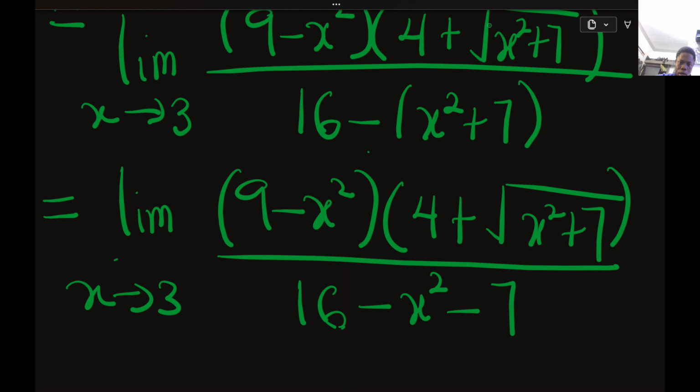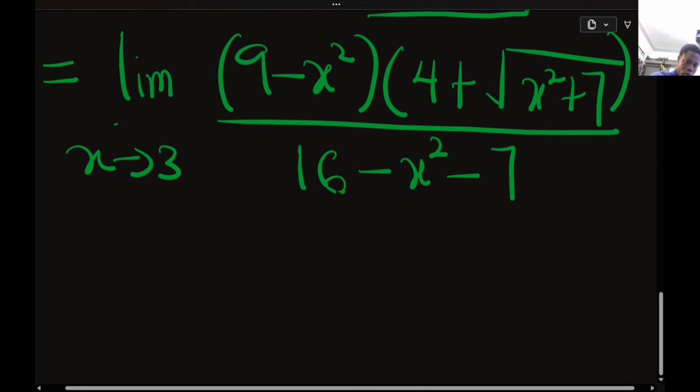We are just expanding this bracket: -1 times x squared gives negative x squared, and -1 times 7 gives -7.